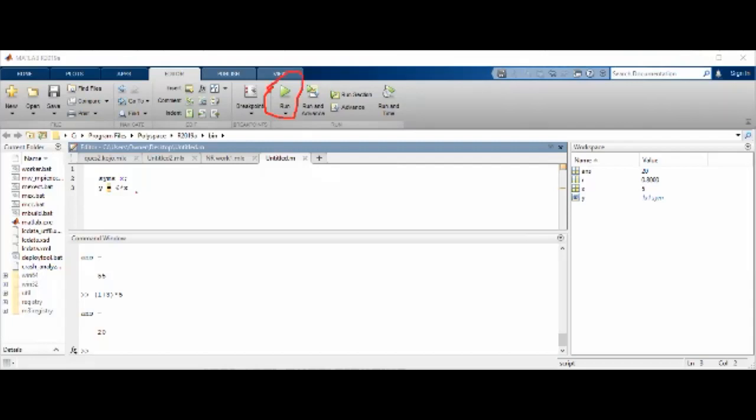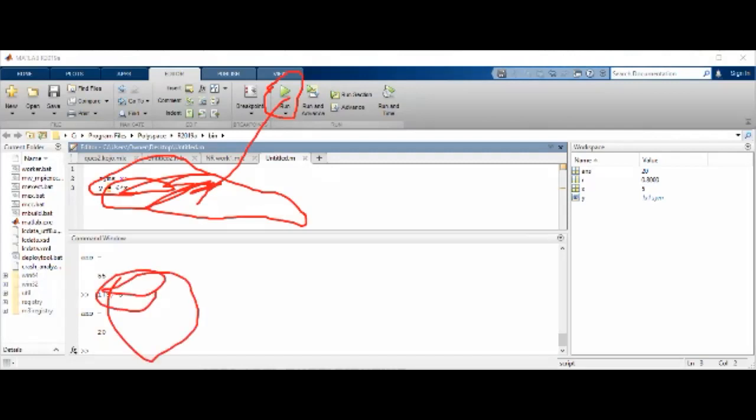Anytime you work at this editor space here, you have to use the run to run it. But if you work at the command space here, then you have to use the enter sign to run it. Okay, you have to use enter.